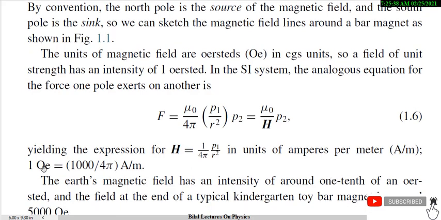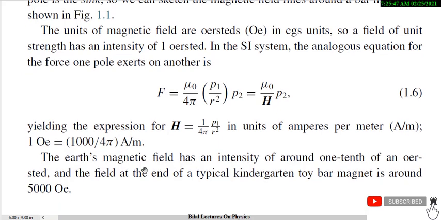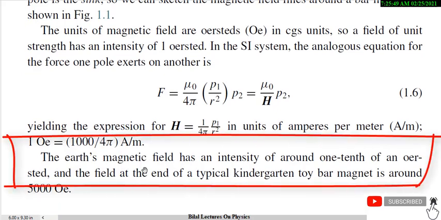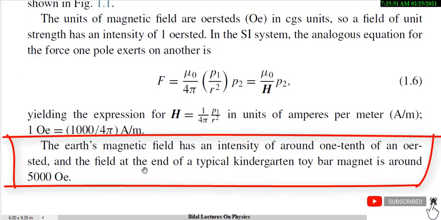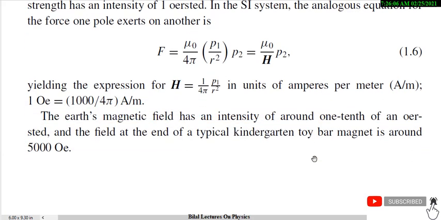So here we consider that 1 Oersted is equal to 1000 over 4 pi A/m, ampere per meter. Here is a very basic example. The Earth's magnetic field has an intensity of around 1/10 of an Oersted, and the field at the end of a typical kindergarten toy magnet is around 5000 Oersted.